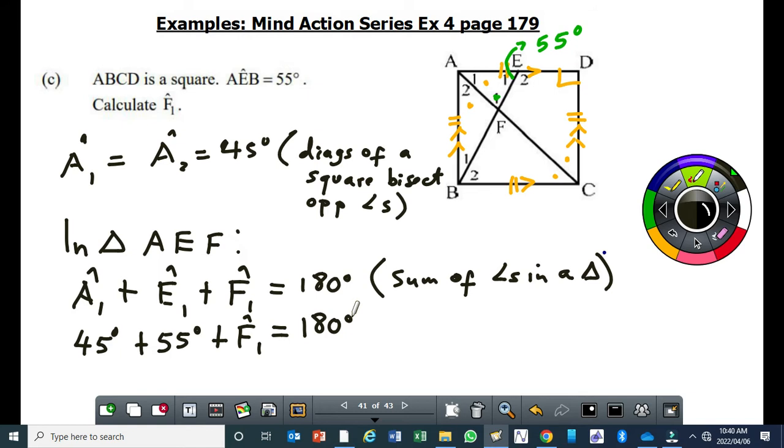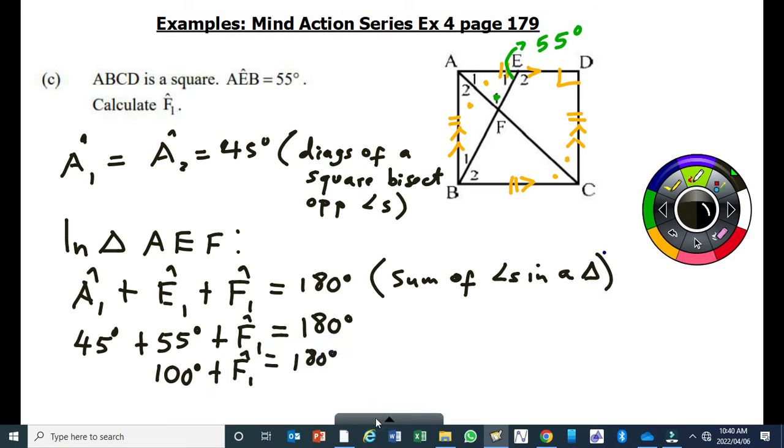Okay? So 45 plus 55, that will give us 100 degrees. So what this means is that F1 will be equal to 80 degrees. That's what it is. Okay?